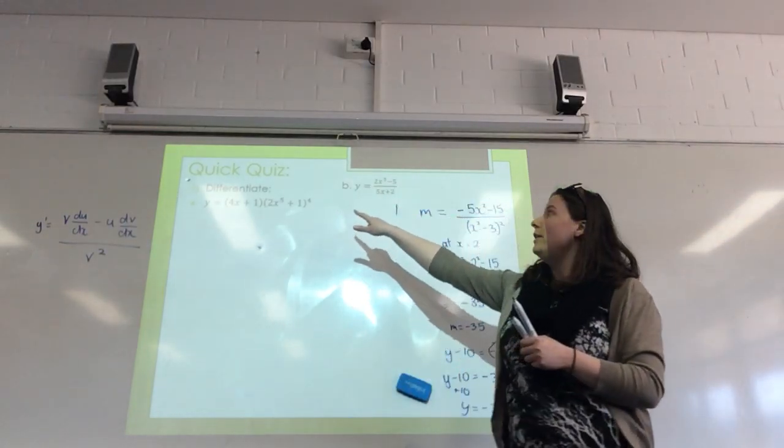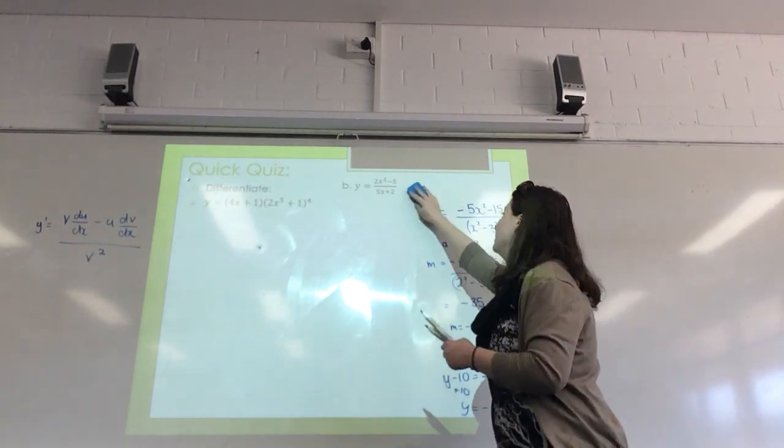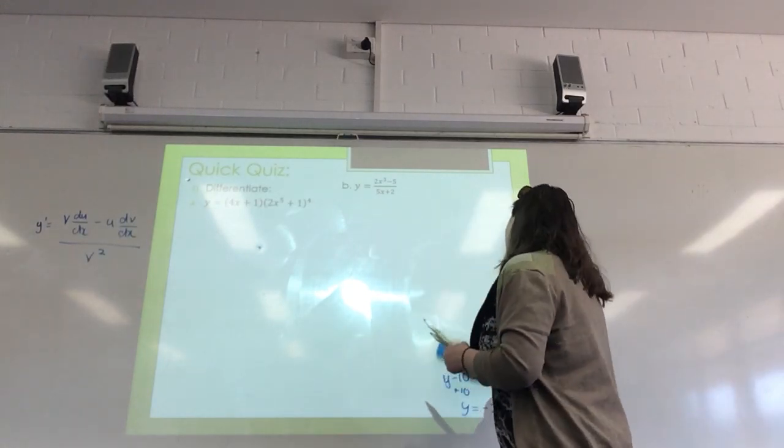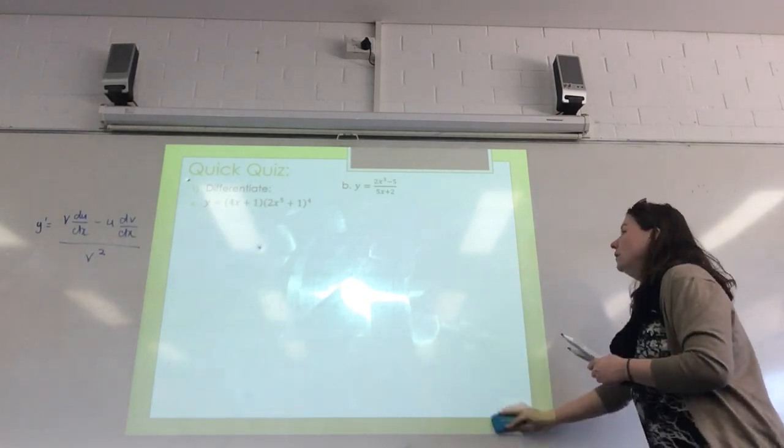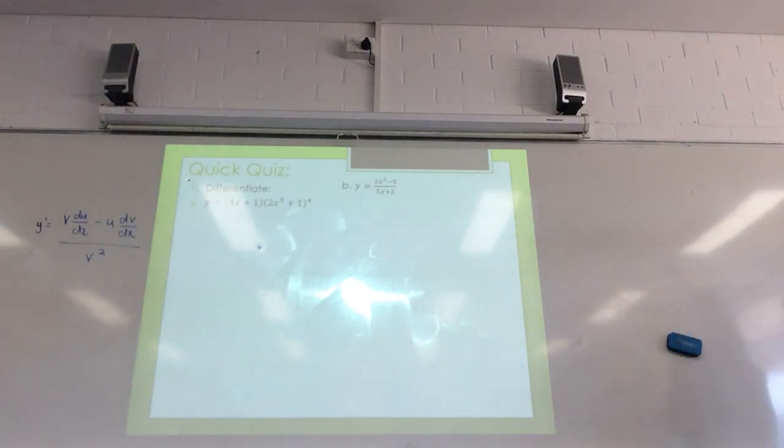What situation do you have in 1A? It's a product, so you're going to need to use the product rule, whereas the question I had before, you could just expand and it comes out pretty nicely. So notice that I've added in a power of 4 there. Okay, so I've changed the question.